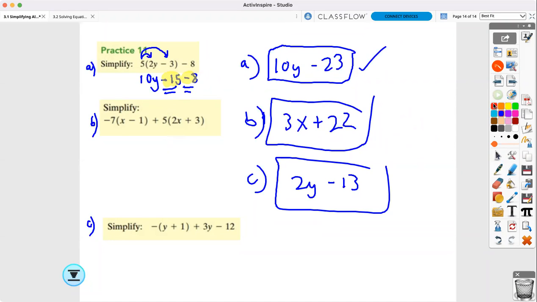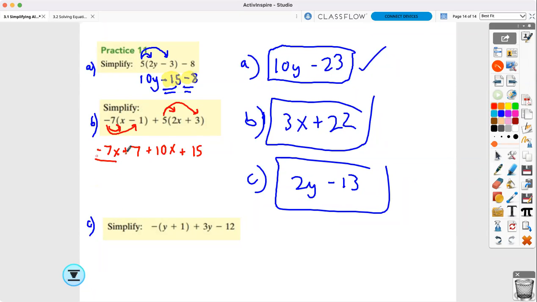Let's look at B, class. B wants us to distribute the -7 twice and then the 5 twice. So -7 times x is -7x, right? And then a -7 times a -1 is a +7 because we're multiplying, class. 5 times 2x is 10x. 5 times 3 is +15.